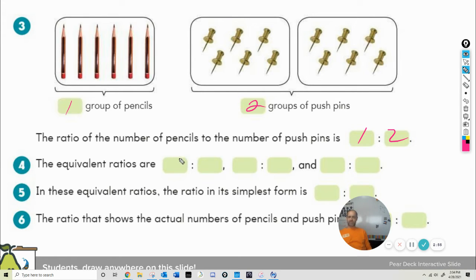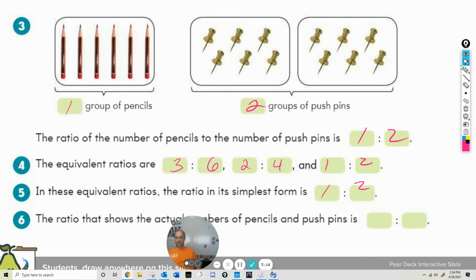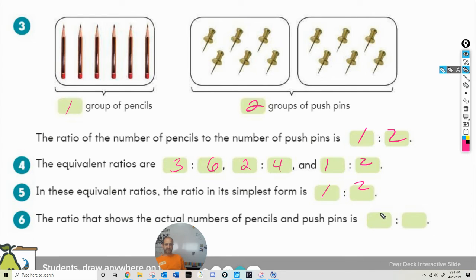The equivalent ratios we started out as 6 to 12, then 3 to 6, and 2 to 4, and 1 to 2. These equivalent ratios in the simplest form are 1 to 2. The ratio that shows the actual numbers of pencils and push pins is 6 to 12.